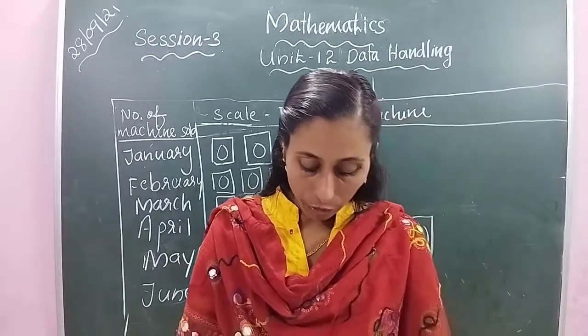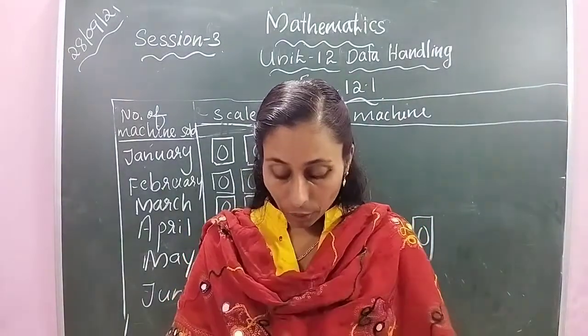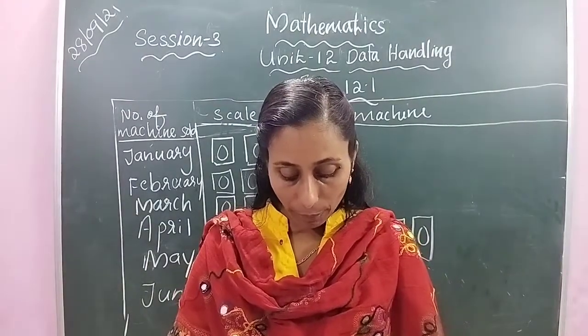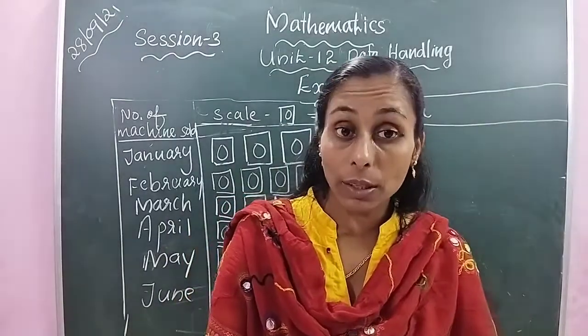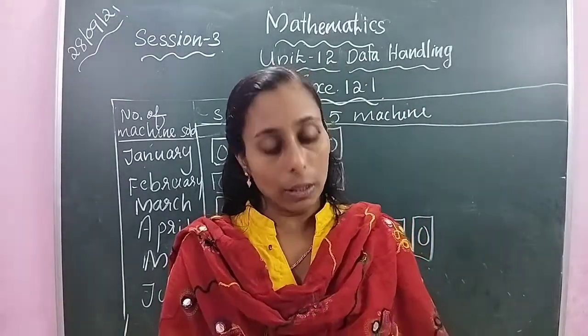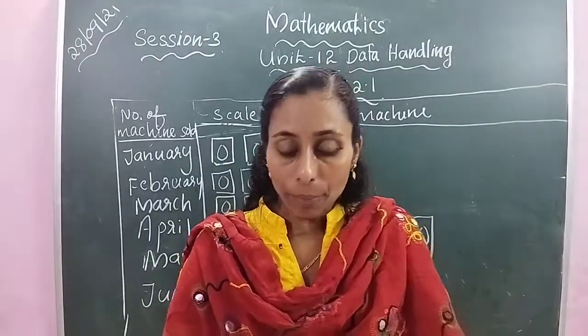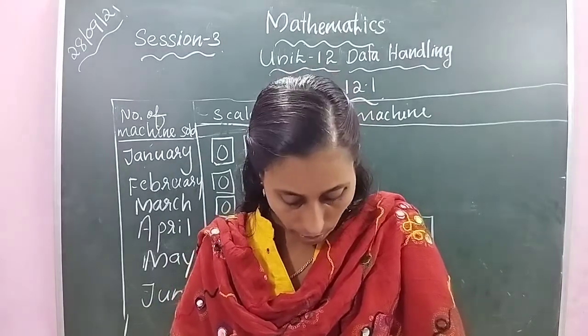Okay, here we can see the numbers are very large in this example. It will be difficult to represent one picture for one burger. In first pictograph we have used one symbol for one animal, but here numbers are big.